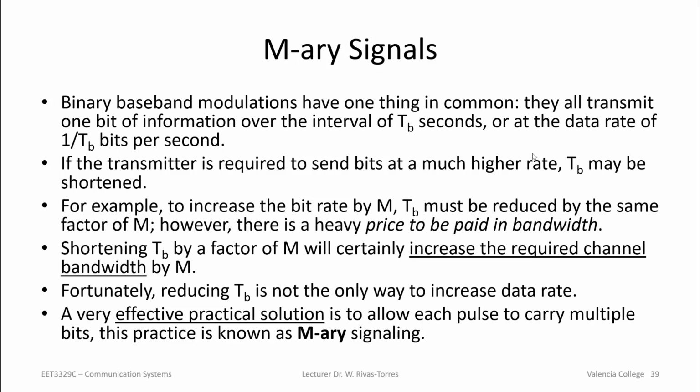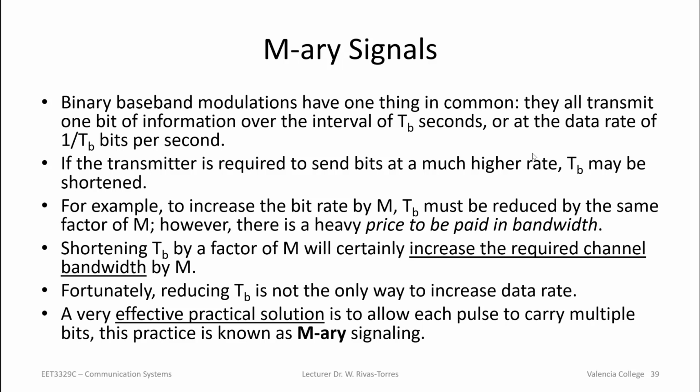If you want to send bits at a much higher rate, you can definitely make TB shorter, right? So we can go from 10 microseconds to 1 microsecond to 0.1 microseconds, and you can increase your data rate that way.